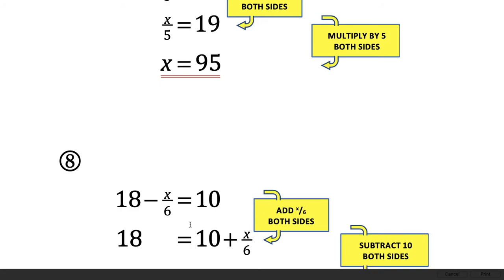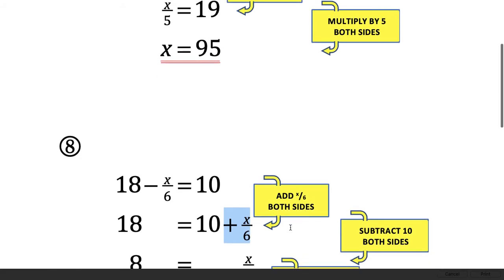I'm going to add the x over 6 bit to both sides because I don't like the fact that it's a minus. So to get rid of a minus something, I'm going to add it to both sides and then it disappears, but I need to add it to the other side as well. So adding the x over 6 to both sides, I get 18 on its own equals the 10 that was there before plus x over 6. So that's helpful because we don't have any minuses to deal with now.